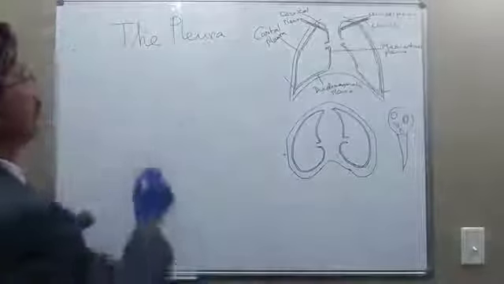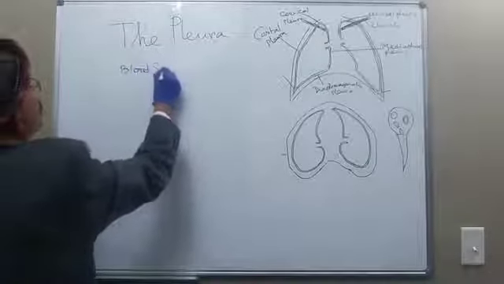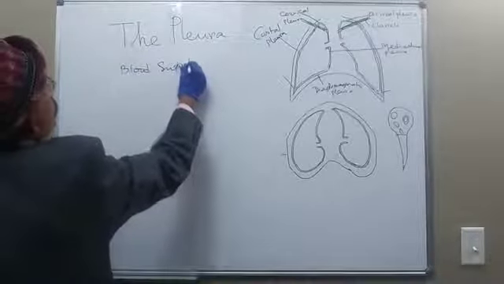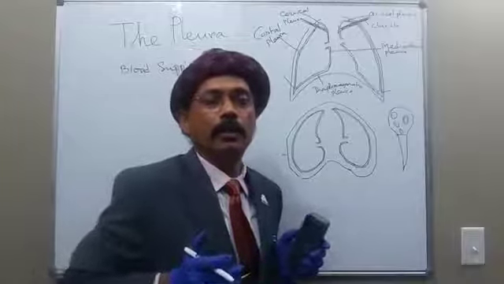Now we'll go to the blood supply of the parietal pleura, like our body wall.